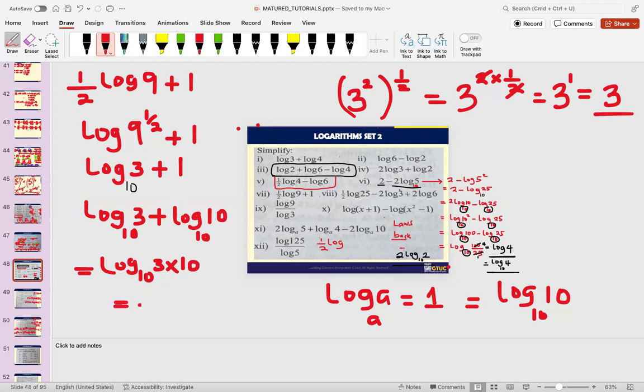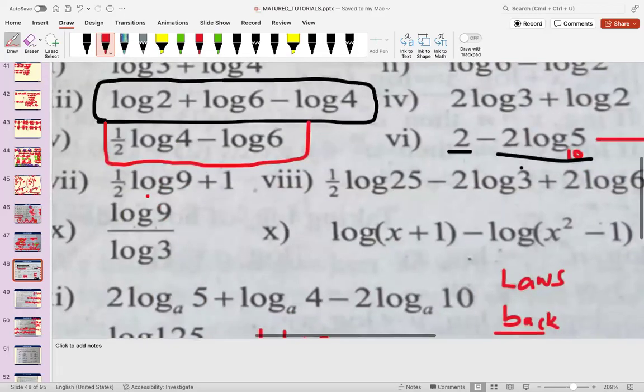Then finally, we have log 10, 30 as the final answer. So this will be the final answer for question number 7, where we have half log 9 plus 1.